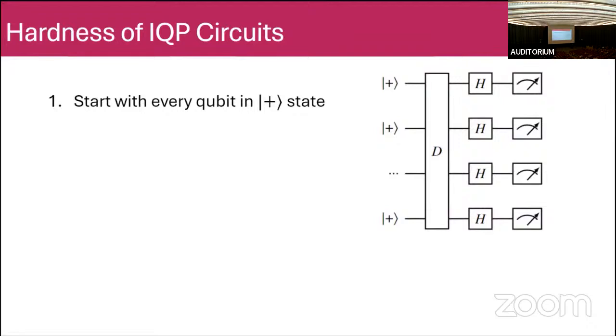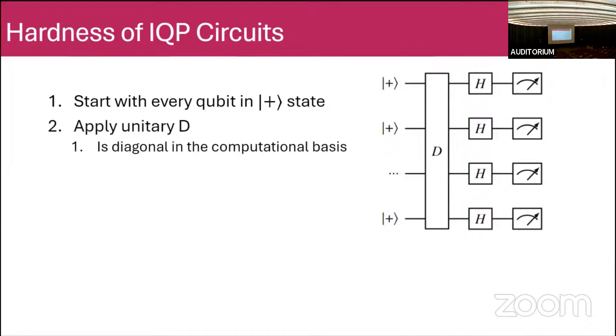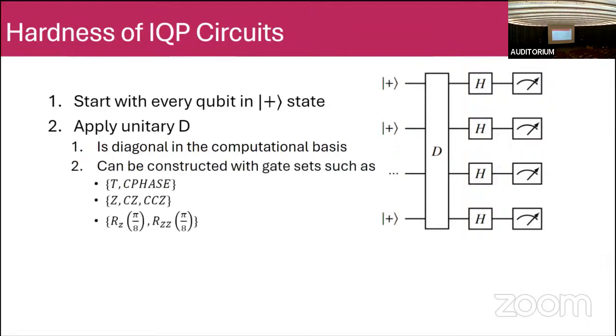And what's an IQP circuit? Well, I start with every qubit in the plus state, so I have an equal superposition of every single computational basis state. Then I apply a diagonal unitary, diagonal in the computational basis. This unitary is usually constructed with discrete gate sets, for example T, controlled phase, Z, CZ, CCZ.